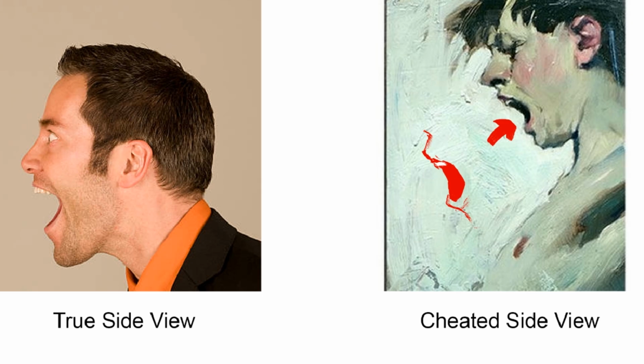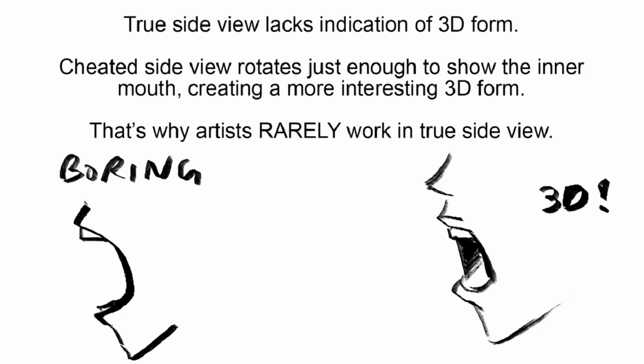Notice that in the true side view, the open mouth is going to create a sort of hollow ground on the face, whereas most artists will do the cheated side view, which is to show the far side of the mouth in order to create certain dimensions on it.